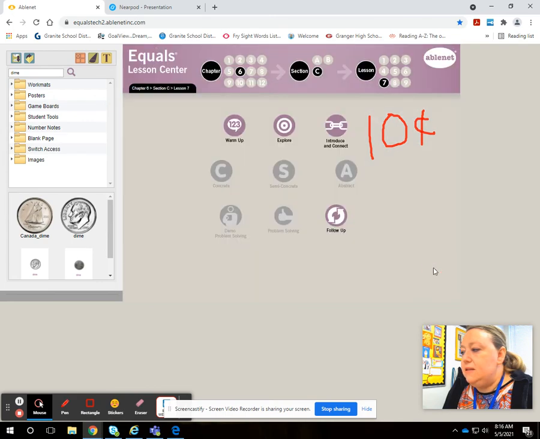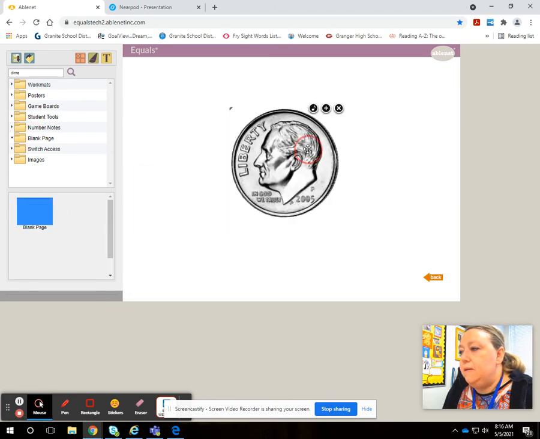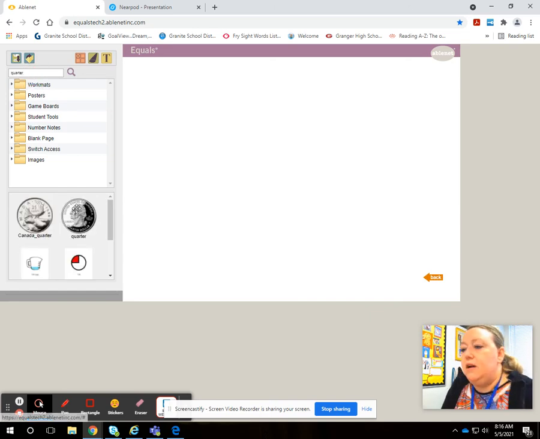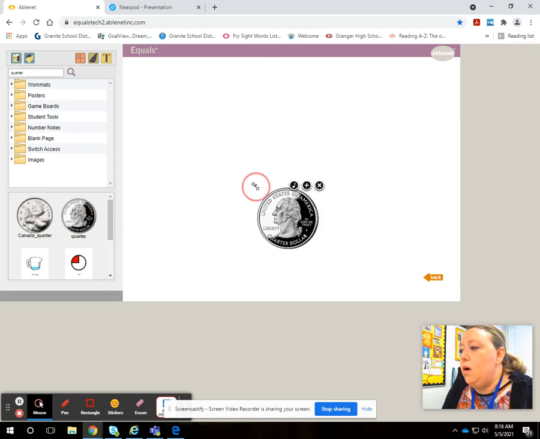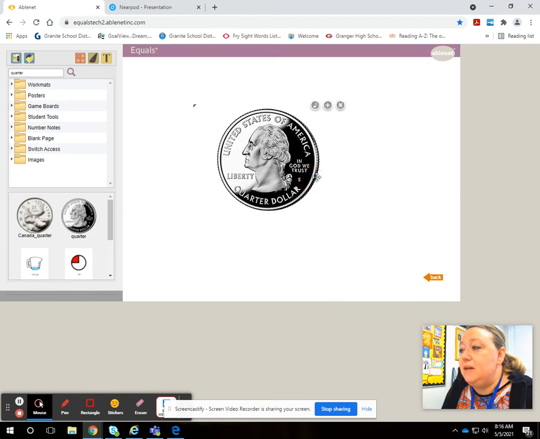All right, let's take a look at our last one. Oh, it doesn't want to. It also does not want to work. So let's bring up a picture of our last one. This one is called a quarter. Quarter is the biggest. It's the biggest coin that we have, okay?